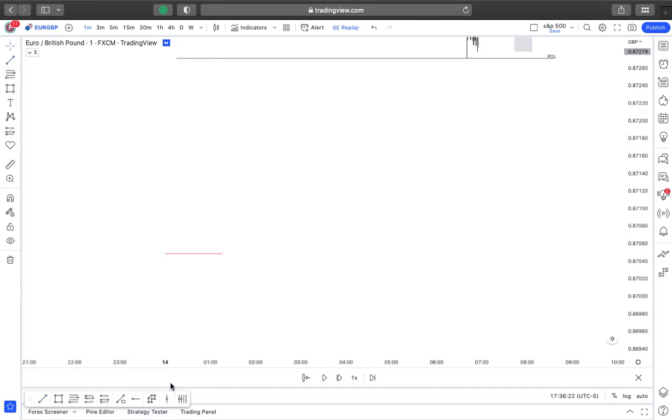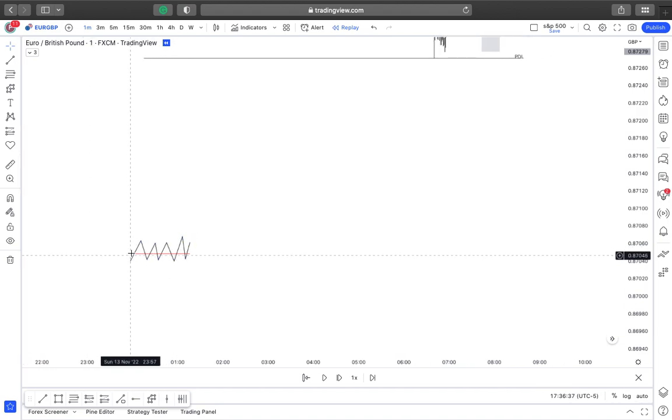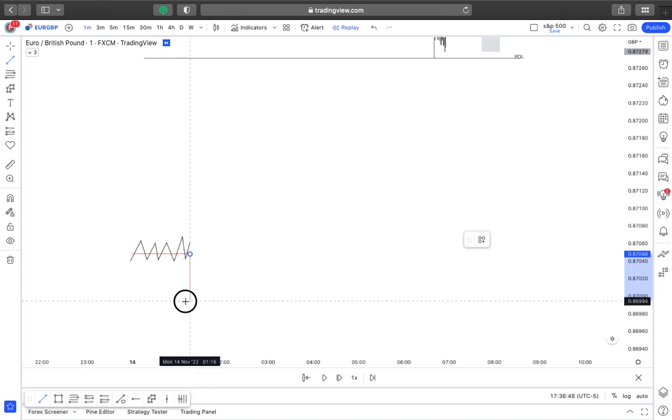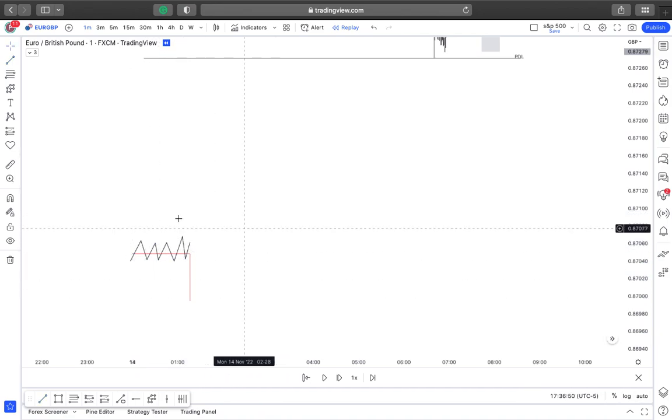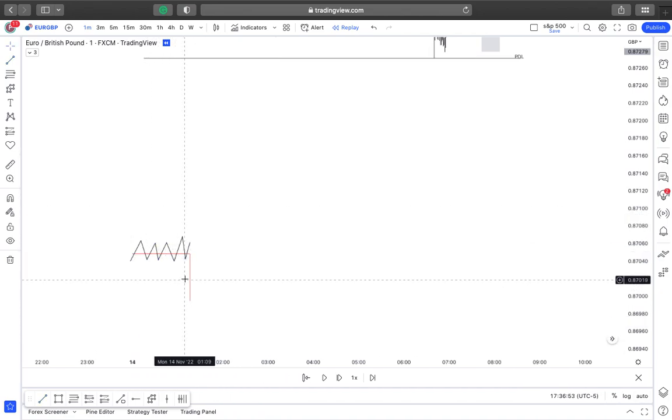Accumulation means the price is ranging, and this happens after the Asian session, because our Asian session closes at 00. Okay, after accumulation, what do we have? We have the manipulation. Let's take this as a buying day, and this is a daily candle.